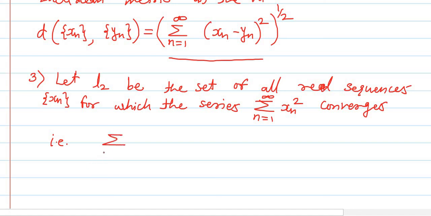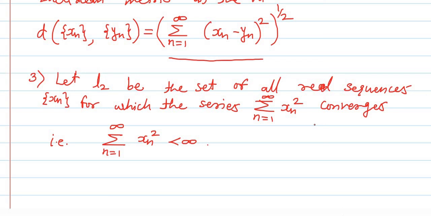So it can also be written as summation over n equal to 1 to infinity of xn² is less than infinity. If this summation is less than infinity, then the series converges. So we have mentioned three remarks. In today's class we have solved one example, and for that purpose we used the Cauchy-Schwarz inequality. We'll stop here and continue in the next class with some examples. Thank you.